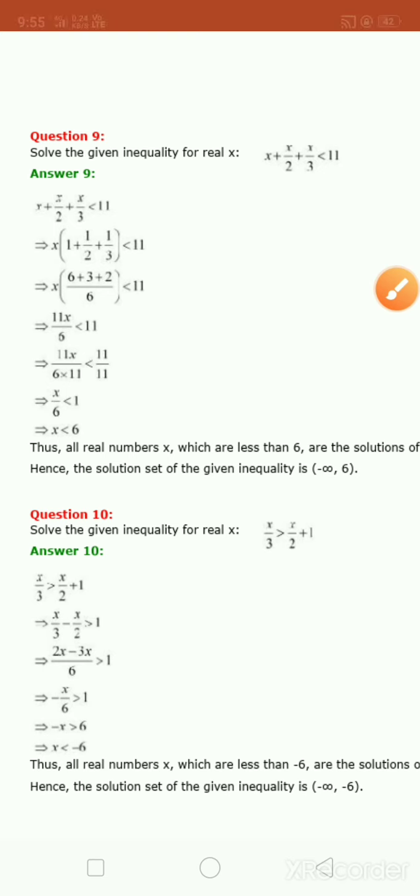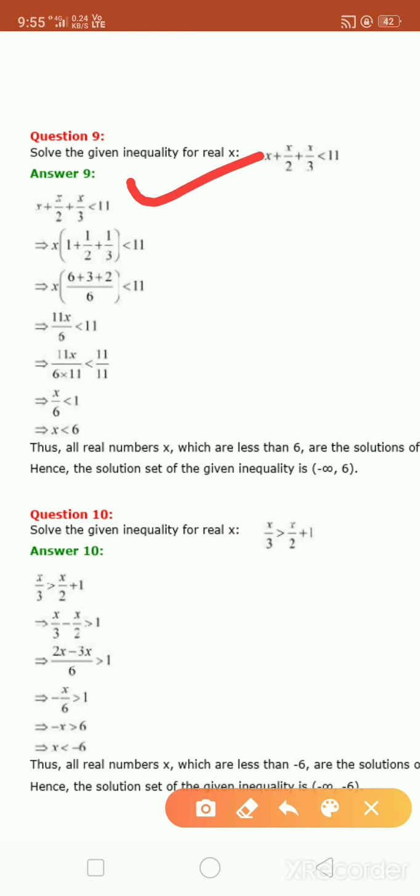Once again I'll repeat. In this step you have to take the x term outside, that is a common term, and after that take the LCM, you will get 6. Simplify it, you will get 11x by 6 is less than 11, and multiply it by 11 to make x alone. So we will get x by 6 is less than 1.